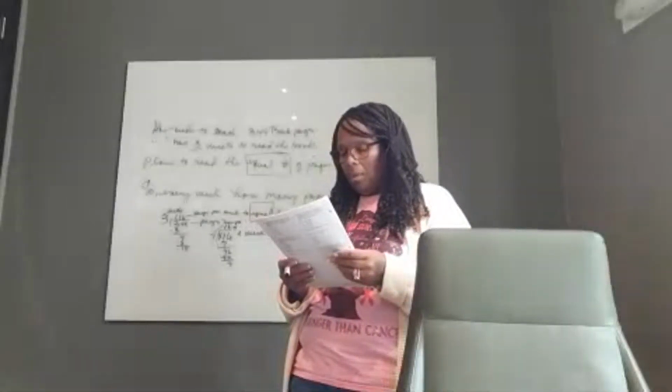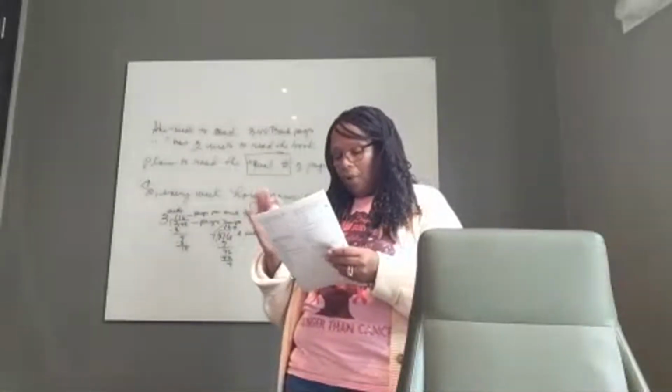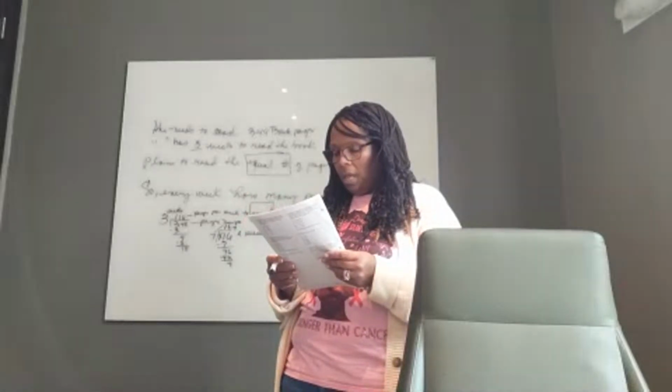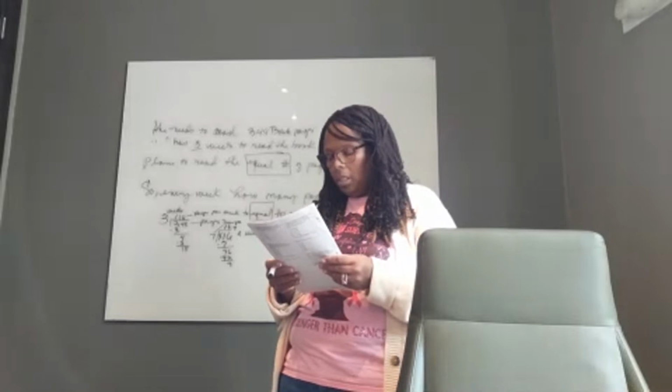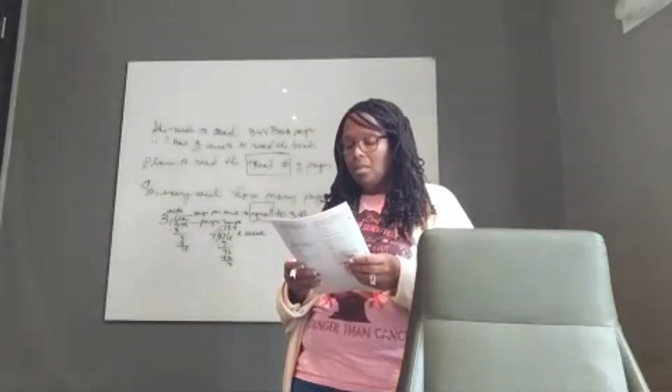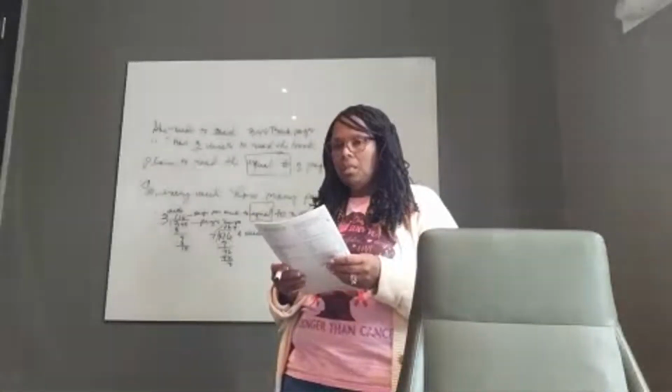Number 6. 4 friends carpool to work together Monday through Friday. Each week, they pay a total of $62 for gas, parking, and tolls. Which of the following operations shows how they could split the cost evenly?